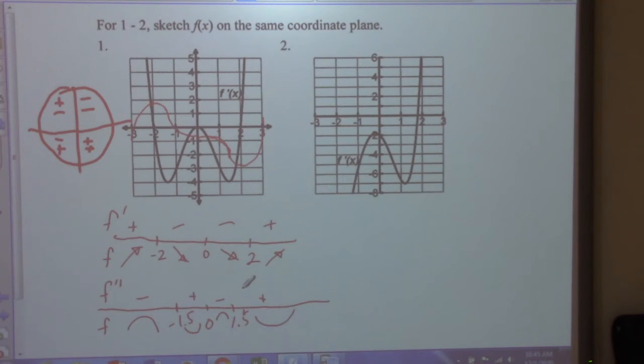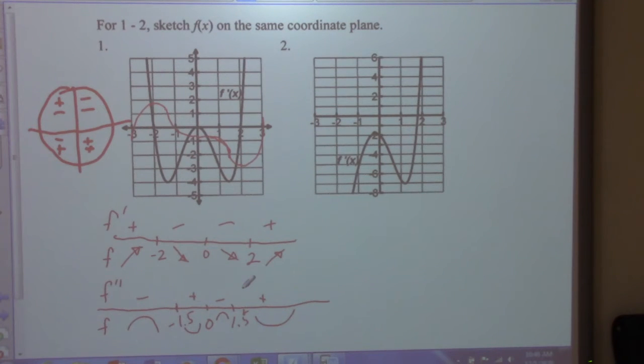I can tell by the numbers. To me, number 2 looks like a cubic.